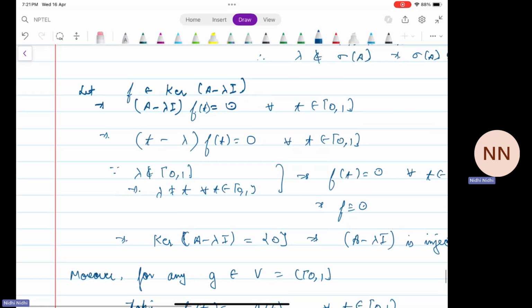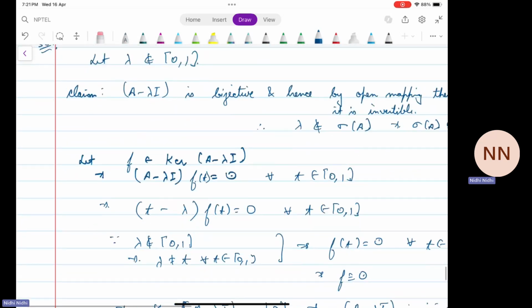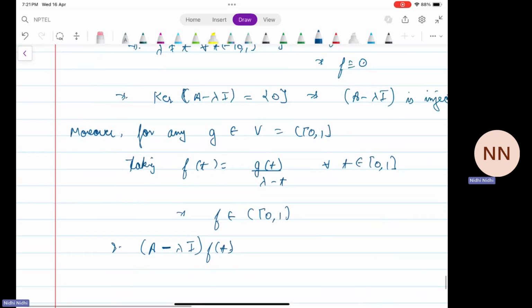So I did this. I should take t minus lambda, no? So this should be t minus lambda. This is (Af)(t) is t f(t). So this is t minus lambda, f(t) is g(t) by t minus lambda, which is equal to g(t).